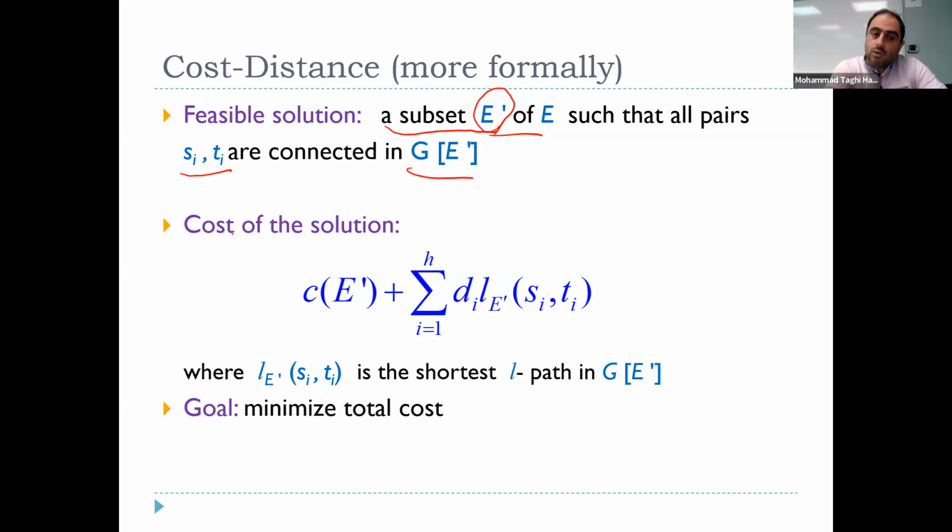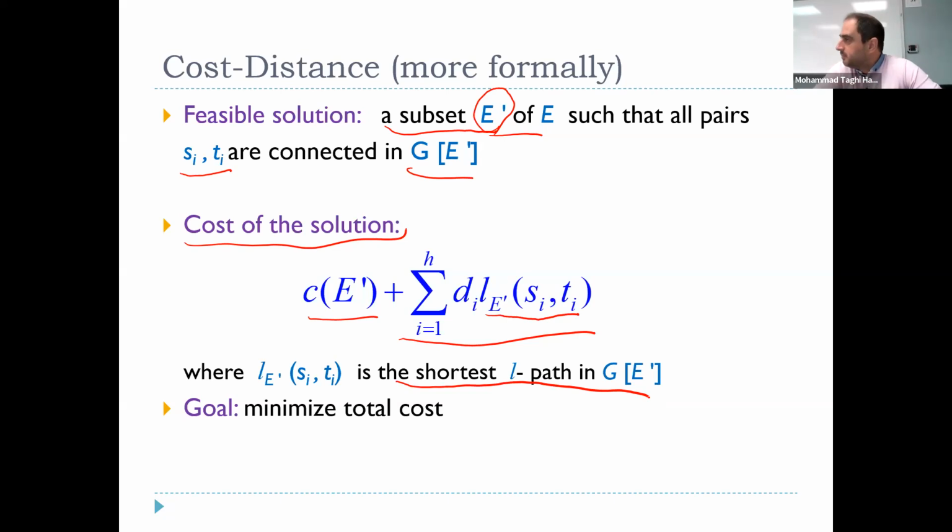You want to minimize the cost: C of E prime is the installation cost for all edges in E prime, plus for each demand between these pairs, the D_i, you need to pay D_i times L_E' of S, T. What is this? L_E' is the shortest L-path in G of E prime. So that is important.